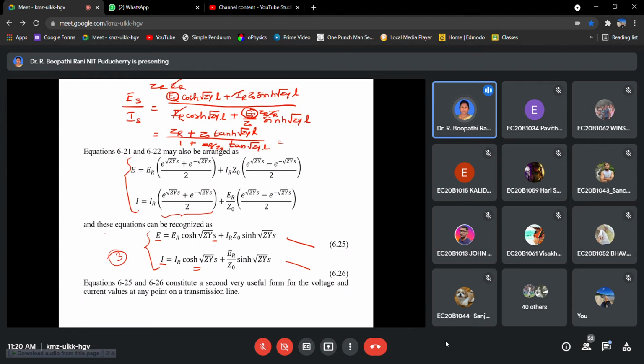So here in denominator ZR by Z naught we have, so this can be written as Z naught multiplied with ZR plus Z naught tan H root ZYL divided by Z naught plus ZR tan H root ZYL. Is it right?